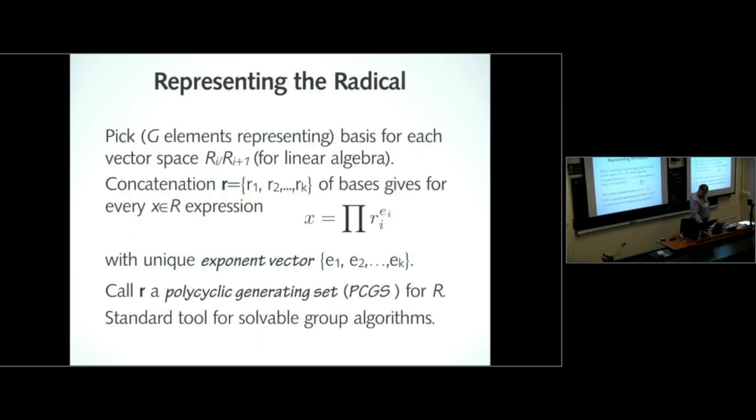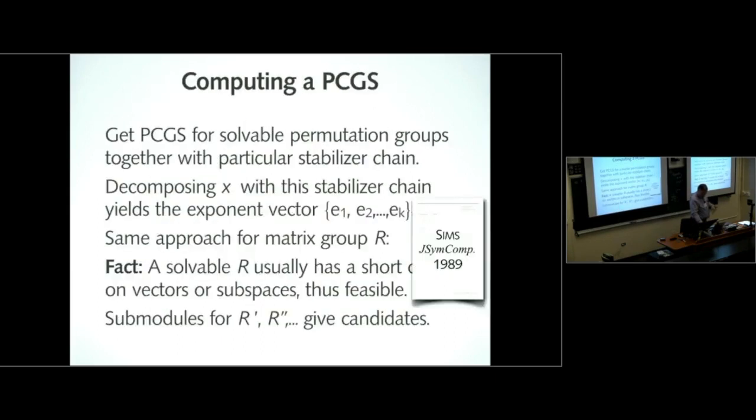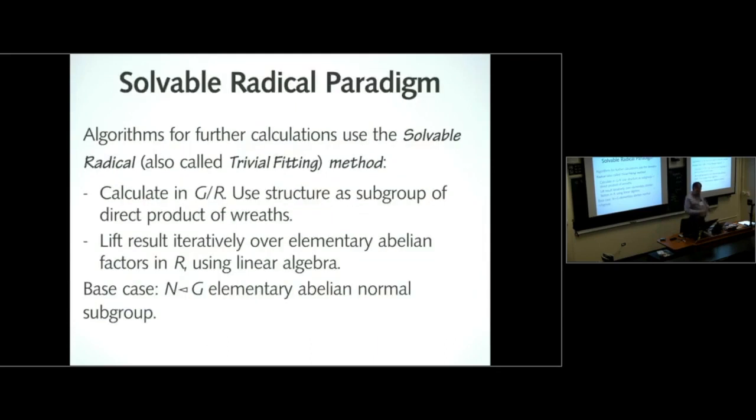Yeah, let me skip this. A polycyclic generating set is like a composition of bases for these multiple vector spaces. And you get algorithms which fit under a scheme which is called the solvable radical or trivial fitting method, which says, on the one hand, first solve the problem you want to solve in the factor modulo the radical.